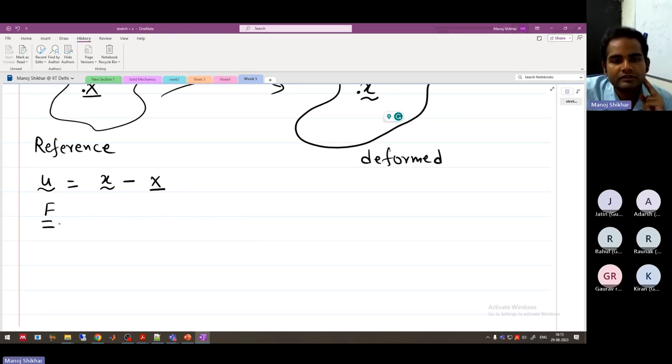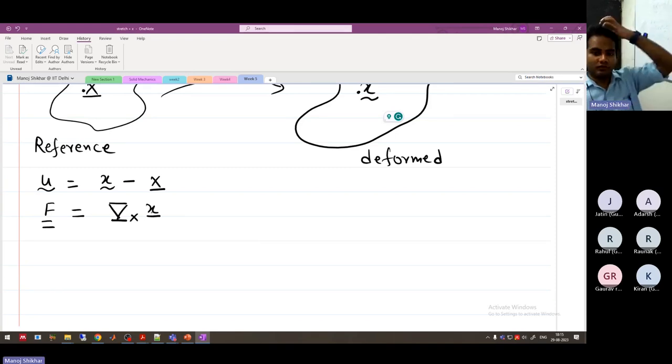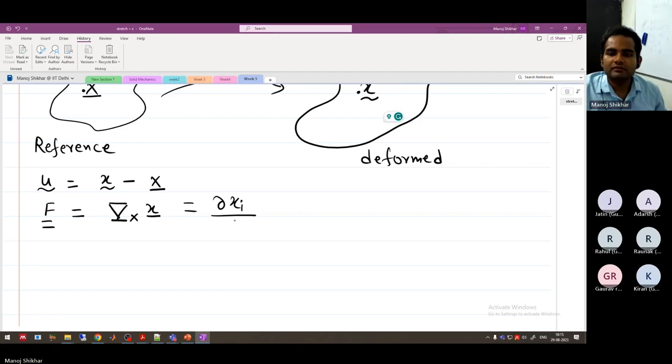Now the formula for the deformation gradient can be written as the gradient of our current coordinates with respect to reference coordinates, that is, del x_i by del X_j.